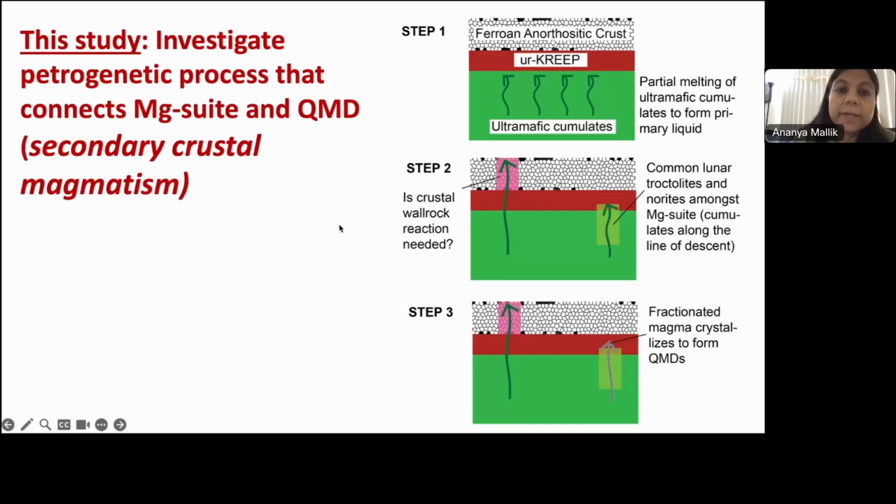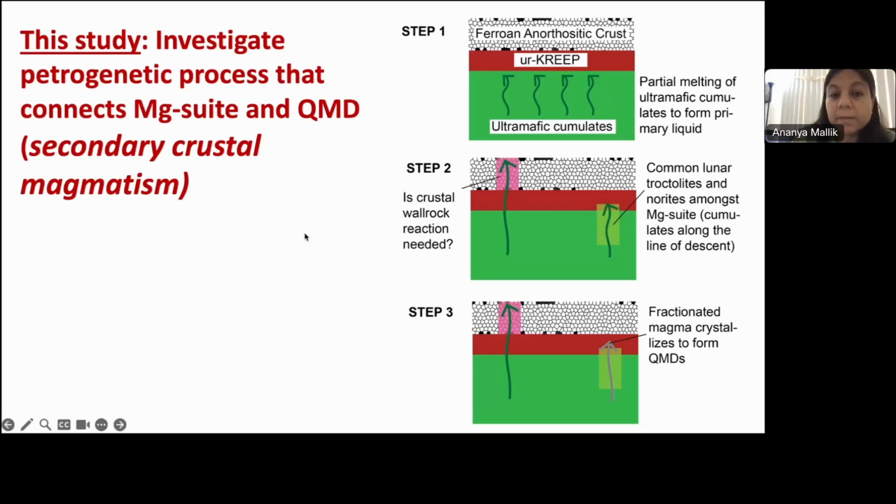And this cartoon to the right shows the process that we're trying to envision here, where we have these ultramafic cumulates which partially melt, and those partial melts could actually form these Mg suite along the cumulate line of descent, and the evolved liquid along the line of descent may give rise to some of these evolved lithologies, such as the QMDs.